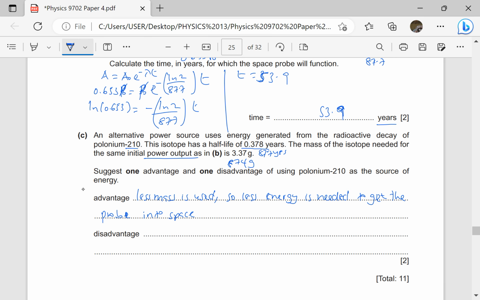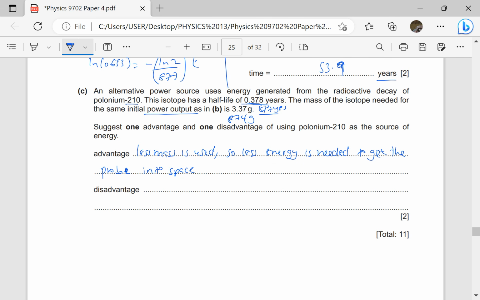One major disadvantage: you see that the half-life is very small. It means this is not going to last longer. This cannot provide energy for a longer period of time. So the disadvantage is that the half-life is too short, so it will not provide power for long enough.